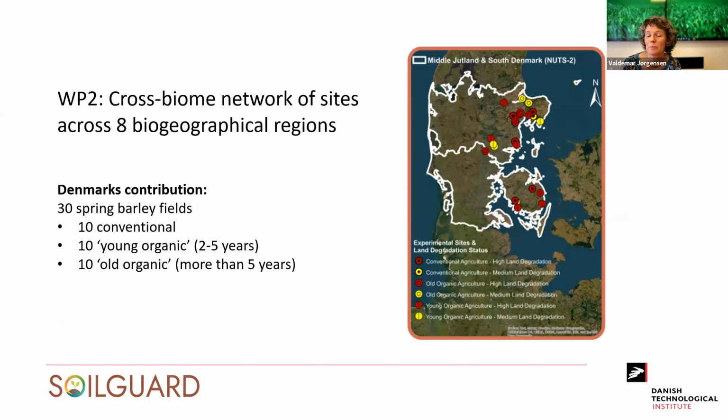Last year, we were sampling soil in 30 spring barley fields, comparing conventional fields to young organic fields and to older organic fields that have been grown organically for more than 5 years. All these fields were situated in the eastern part of Midtjylland, as well as the island of Funen. The yellow marks sites of medium land degradation, and the red ones are high land degradation, so we will be comparing that.